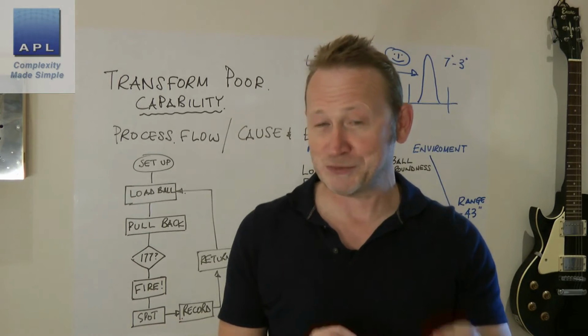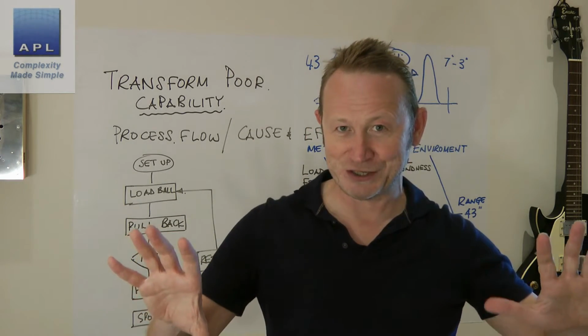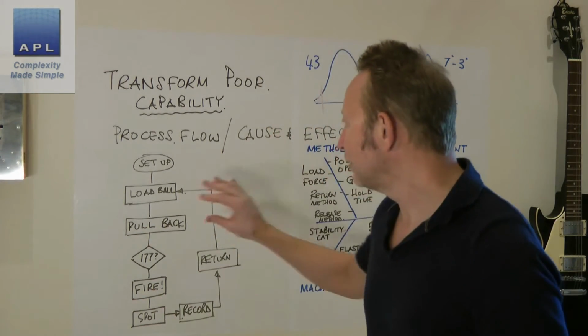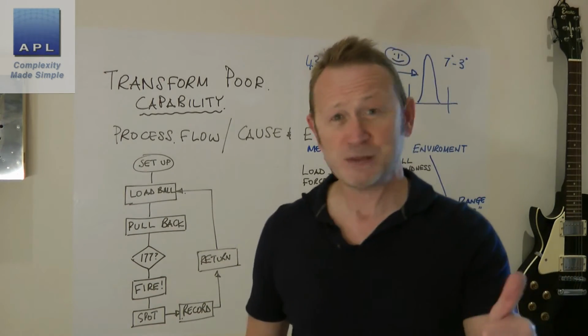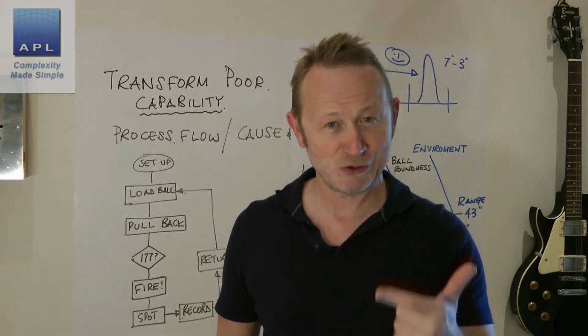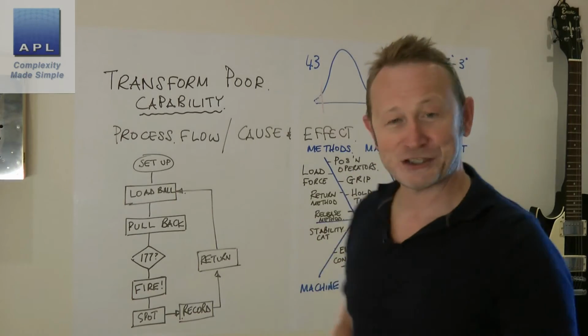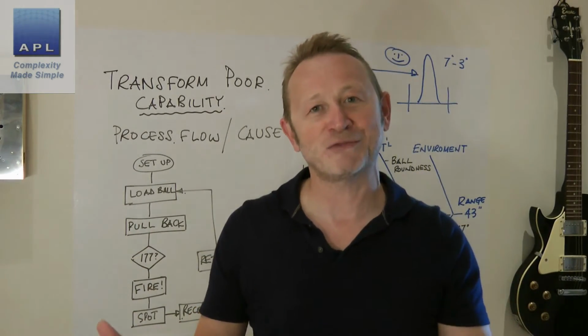But if you've implemented a poor process, or the process has deteriorated to this point and you need to pick it back up and make it work, this is what you're going to use. Process flow, cause and effect. But FMEA is doing the same thing. Your ISO 9000 audits are doing the same thing. They're making sure you've identified the variables, you have rules and you follow them. They're all doing the same thing.